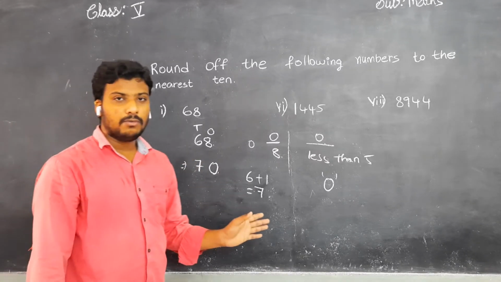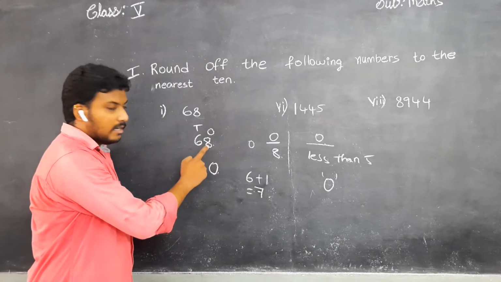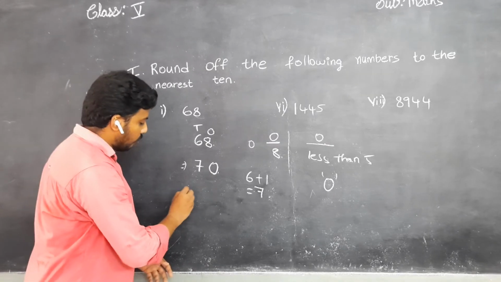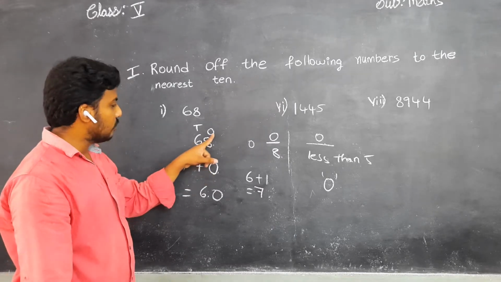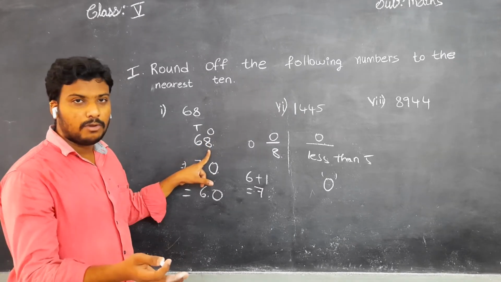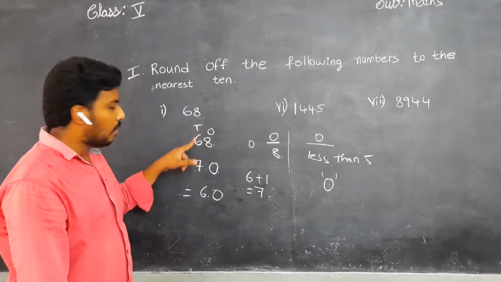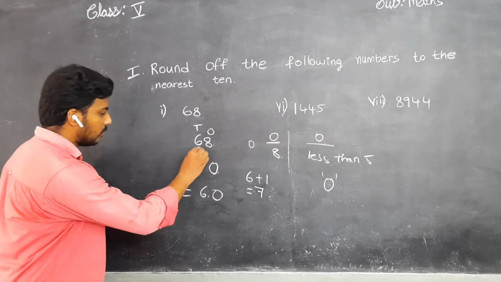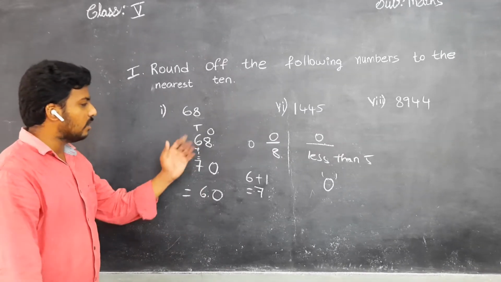If the value in the place of ones is less than 5, you keep 0 and keep the 6 like this. If the value in the ones place is above 5, here 8, you keep 0 in the ones place and add 1 to the tens place. 6 plus 1 how much? 7. 70 is the round off value of 68.